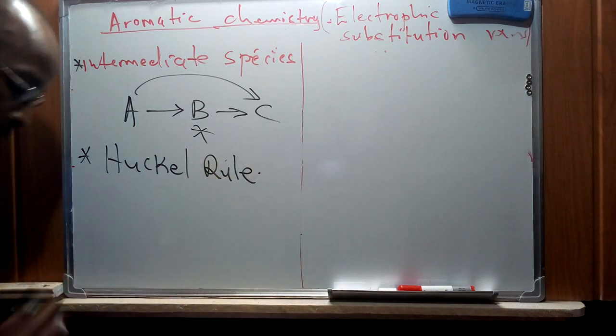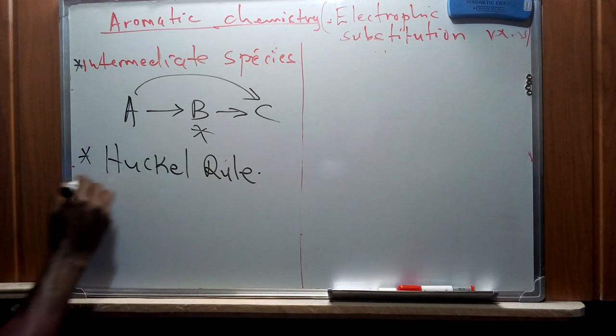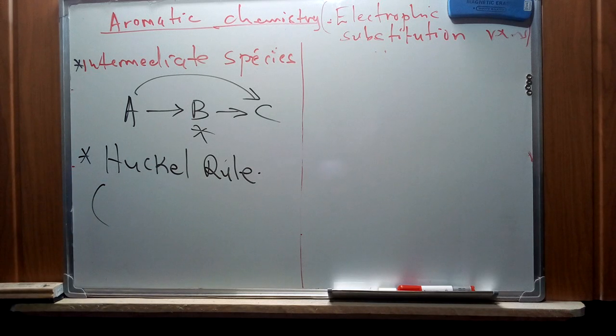rule. Now the Hückel rule is named after a physicist who worked a lot with molecular structures, and he proposed a rule to help determine whether a planar ring molecule will have aromatic properties.